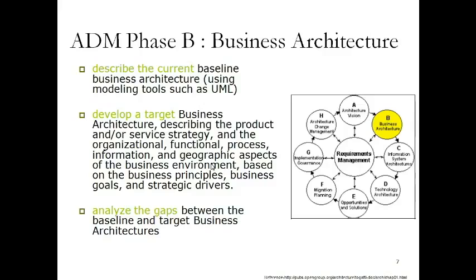So step one was to see where we are, or what they usually call as-is in this task. And then in the second task, we indicate the to-be. So what is the target we are trying to achieve during this cycle? And then in here, we analyze the gap, see what is the difference between these, and what are the things we need to add in order to achieve the objectives of the second step.